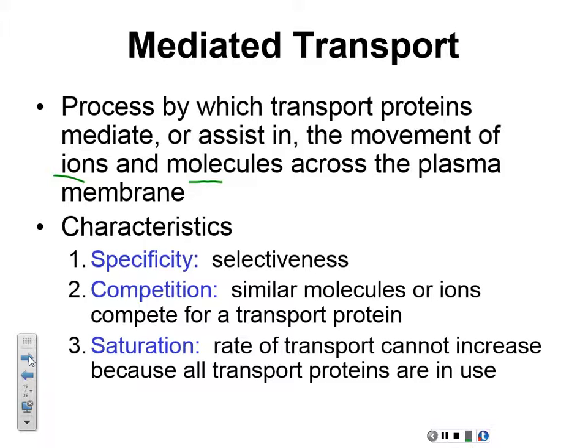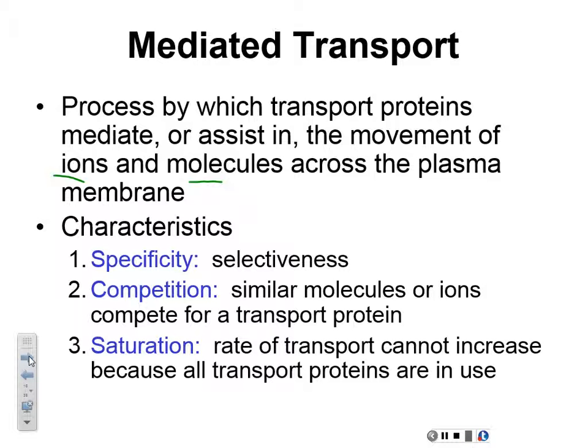So because there's a specific molecule that is helping out or assisting with the movement, you're going to have three things. First of all, there's going to be competition. If you have the same kind of molecules that can attach to that transporter or the helper protein, then they're going to compete to join it, number one.